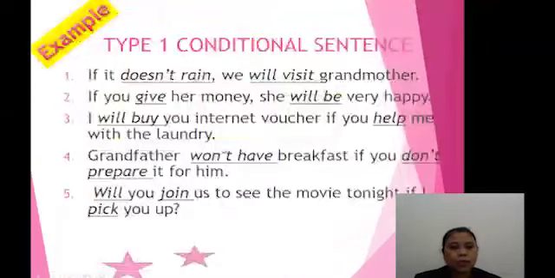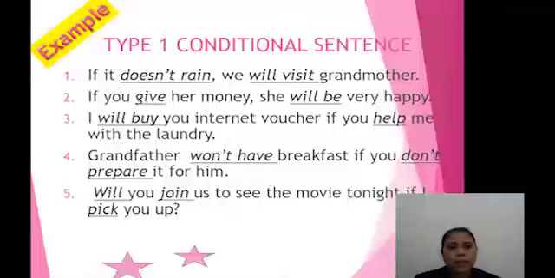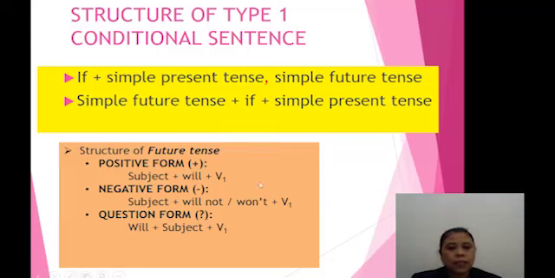Okay, to remind you, the structure of future tense: positive form, subject will plus verb 1; negative form, subject will not or won't plus verb 1; and question form, will plus subject plus verb 1.